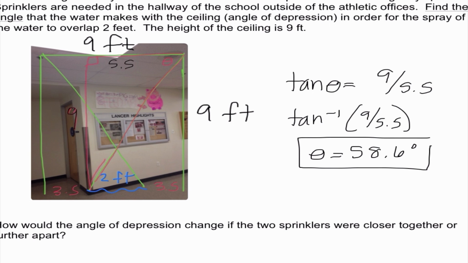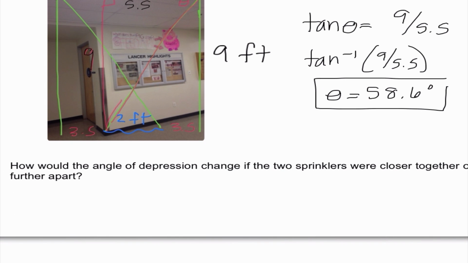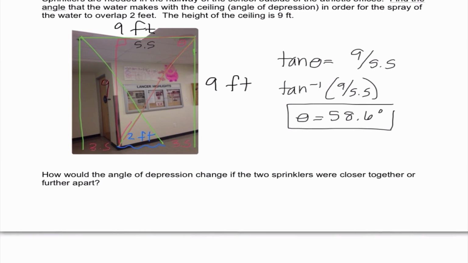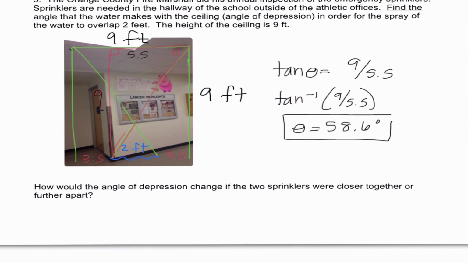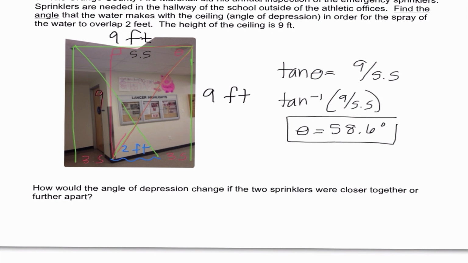So the whole key here is that I need to realize what an angle of depression actually is. And would the angle of depression change, or how would it change if they were closer together or further apart? And it would become larger or smaller depending on where that actual angle of depression was.